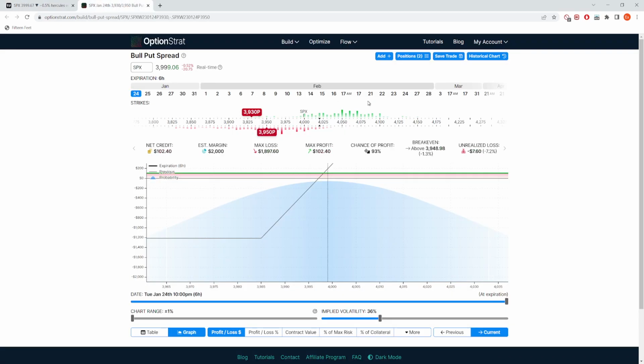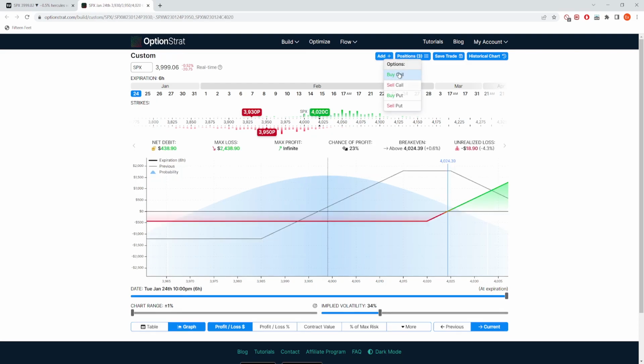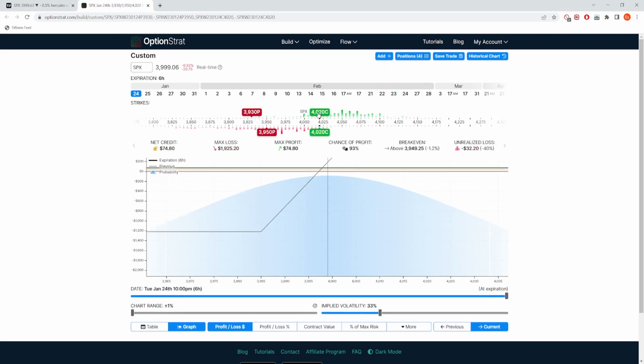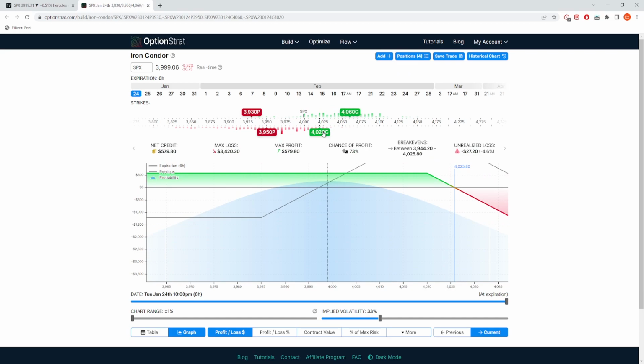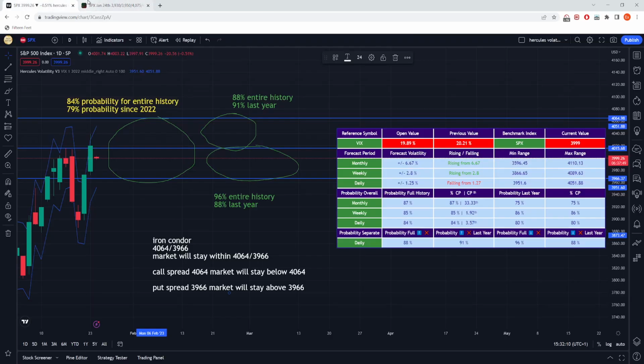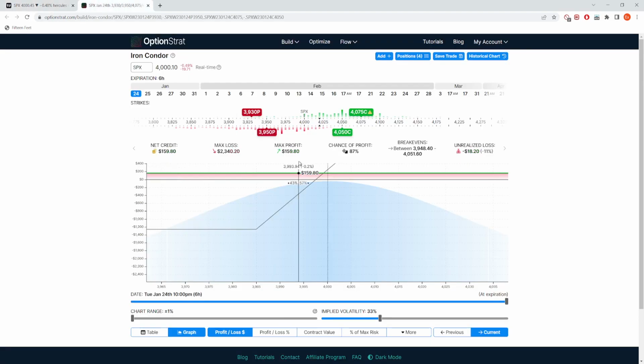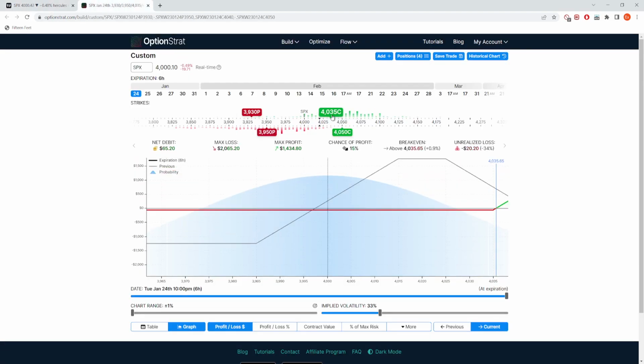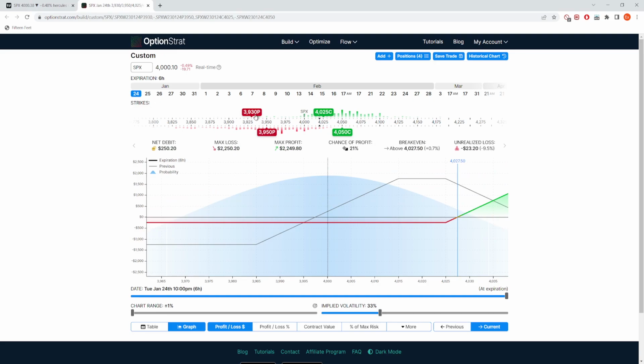However, we can make one more try, and in this case I can also add the buy call and the sell call. So it was 450 and 3,950.